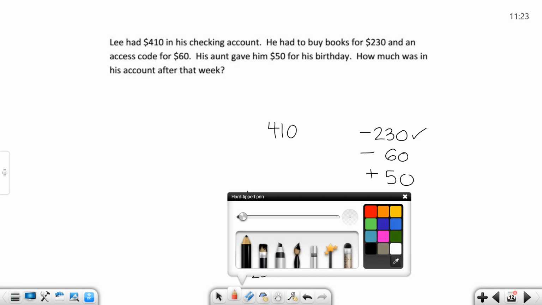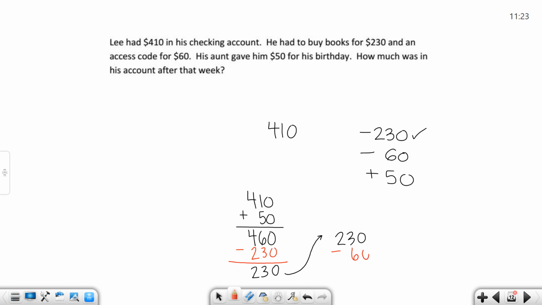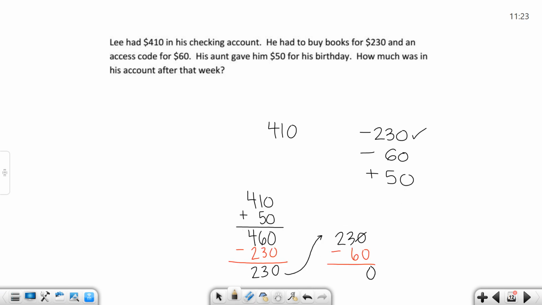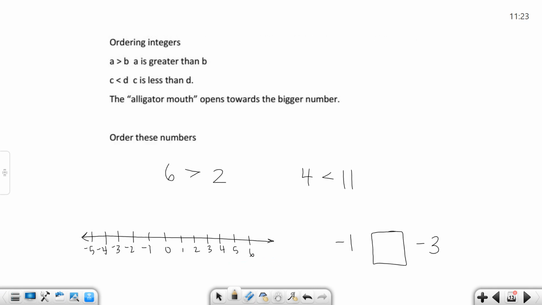So now I have to also take off the access code. So this is 0. And this I'm going to have to borrow. So 13 minus 6 would give me a 7, and 1 left over here in the hundreds column. So he would have $170 left in his account. Now again, as long as you got 170, it doesn't matter which order you added or subtracted in. Okay, and that's a good place to stop.